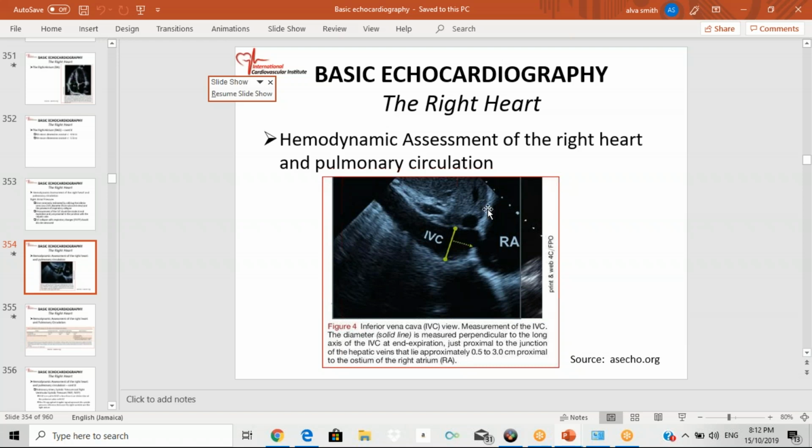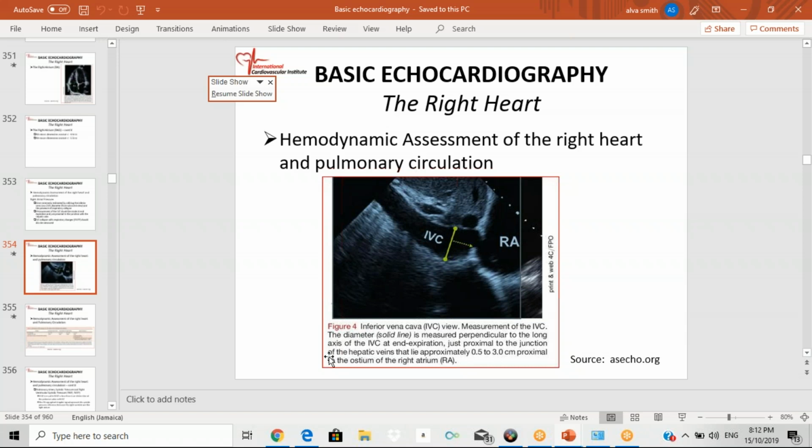And in the subcostal view, this is how you measure the width of the IVC. Okay, it should be measured in end expiration, just proximal to the hepatic vein, so like that. And we say the IVC is dilated if it measures greater than 2.1 centimeters. So greater than 2.1 centimeters, less than 50% inspiratory collapse, or with the sniff, then the right atrial pressure is about 15 millimeters mercury, or more than 15 millimeters mercury.